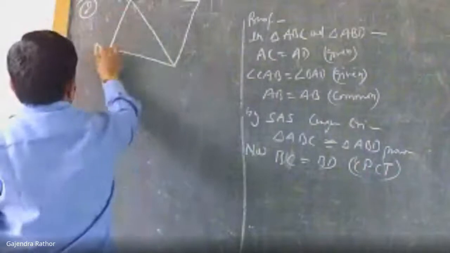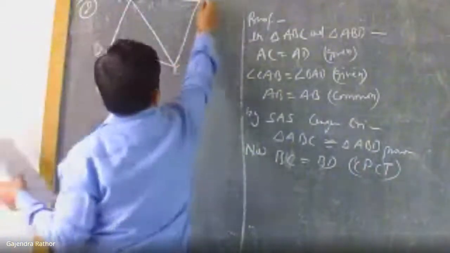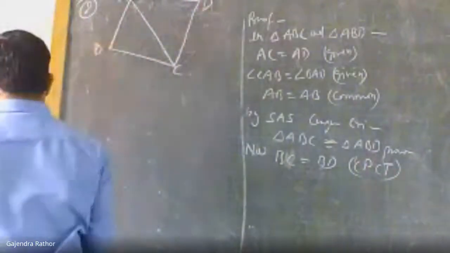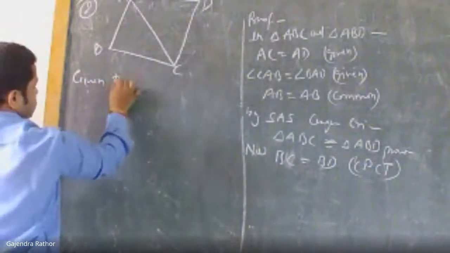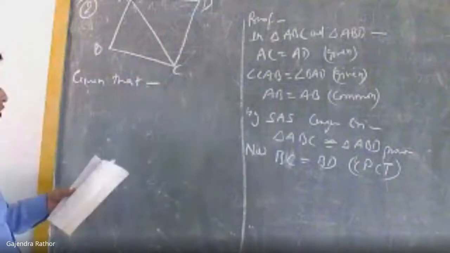This is A, this is B, this is C, and this is D. What is given?